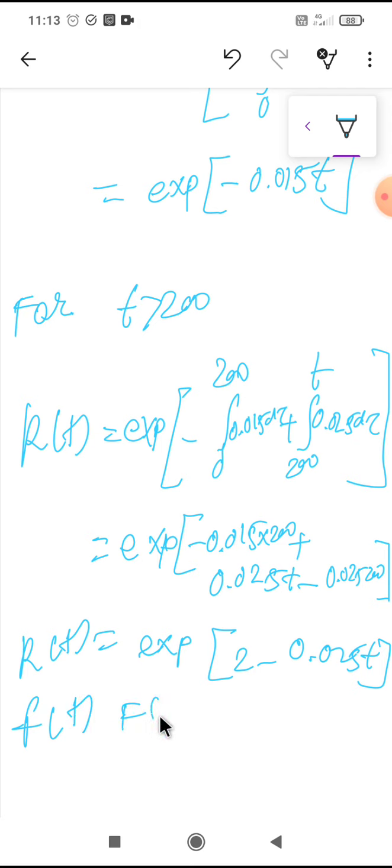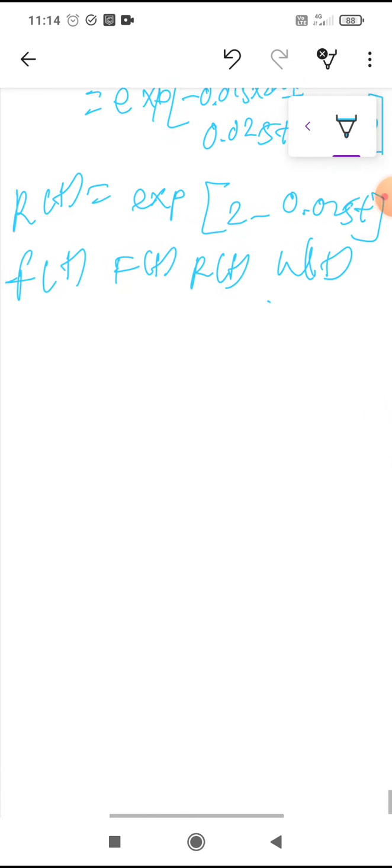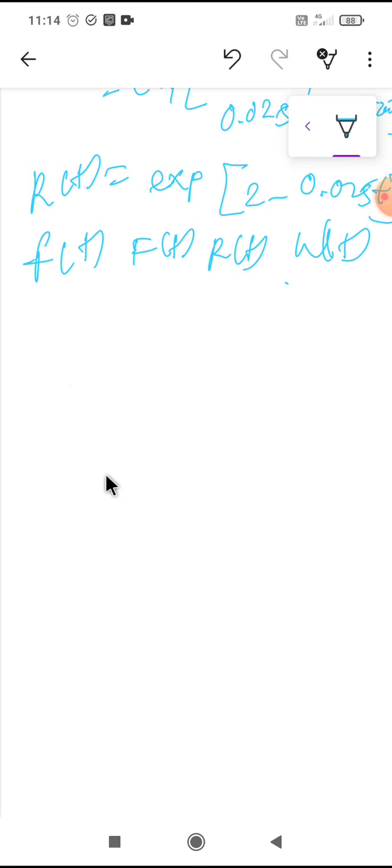The four functions, small f of t, capital F of t, R of t, and h of t, that is hazard rate, reliability, failure rate, and PDF, are all related. If we know any one of these four functions, we can develop the other three using the equations. I will list out all the equations. Hazard rate h of t is equal to f of t by R of t.